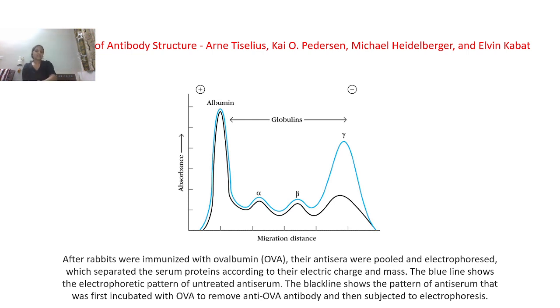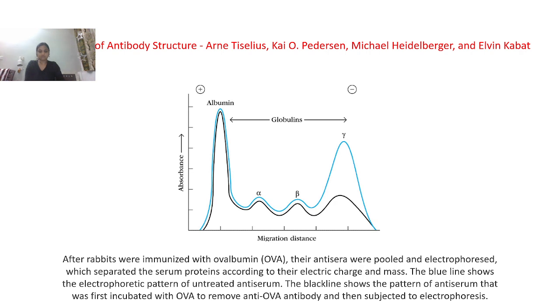So in that fraction, the amount of gamma globulin was decreased, and from that they understood that this gamma globulin is responsible for reacting to the antigen. You understood?